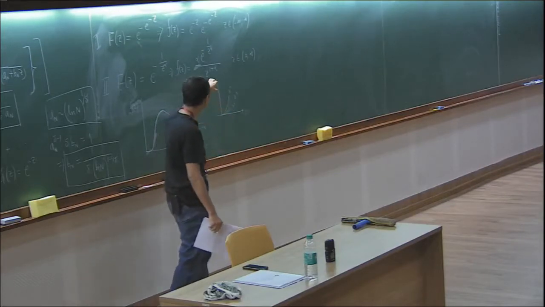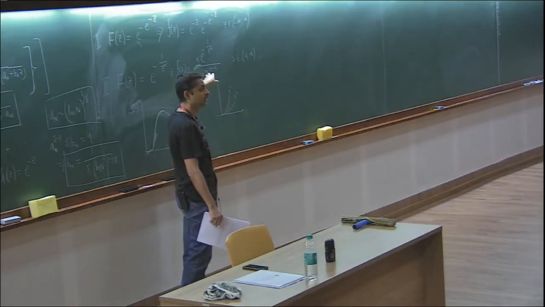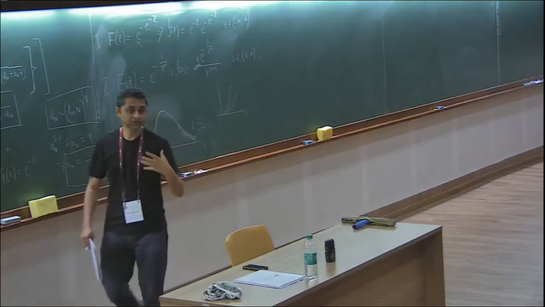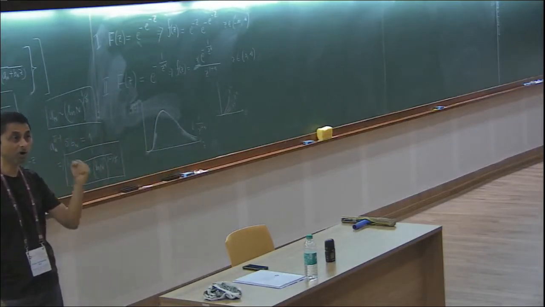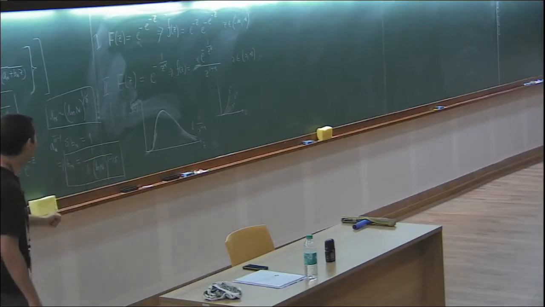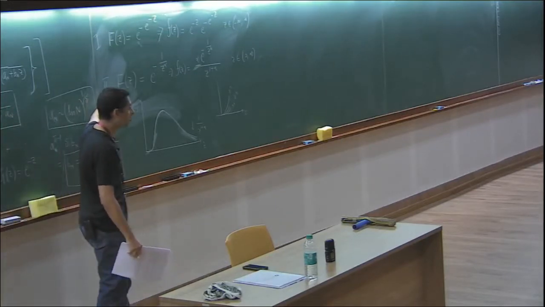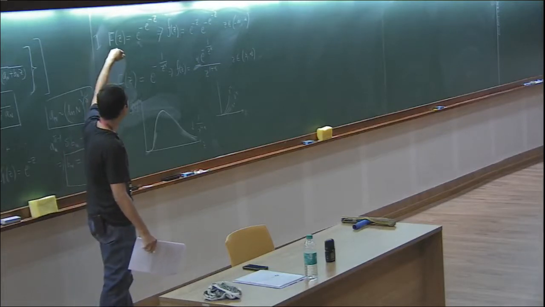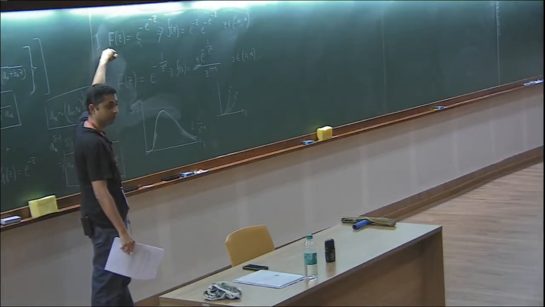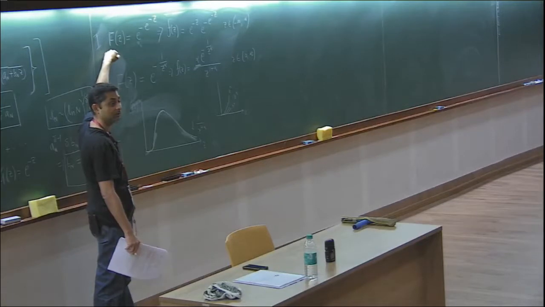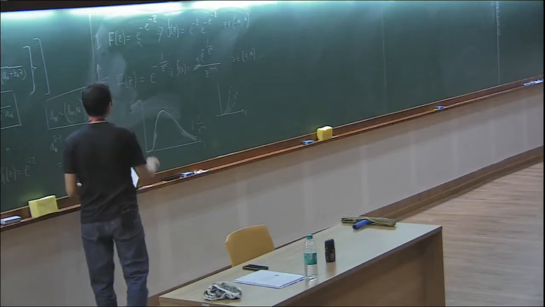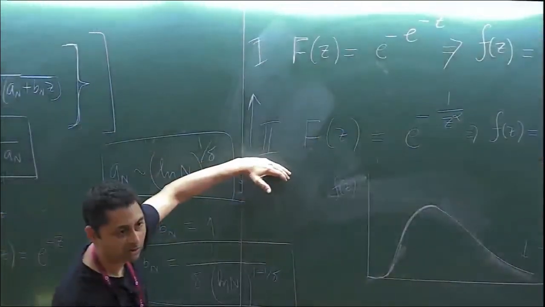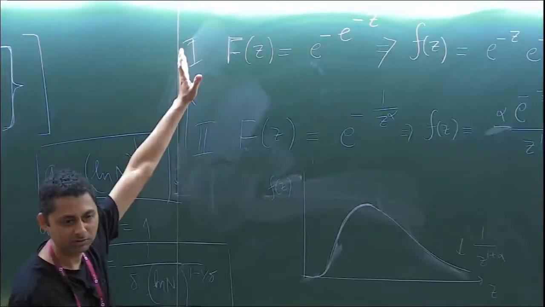So it still remembers the tail. Basically, the behavior is still dominated by the tail. So it has a different class. So for all power law tails, you have a different class. We have a class for probability density functions which decay faster than power law. So we have now gone from, okay, let's go from this side now: power law, faster than power law.